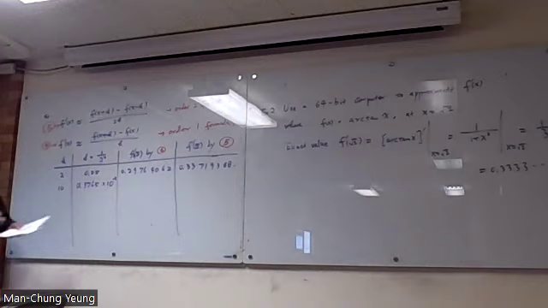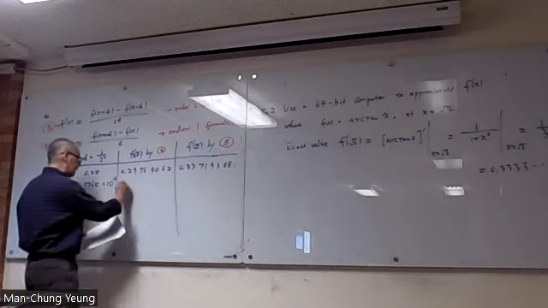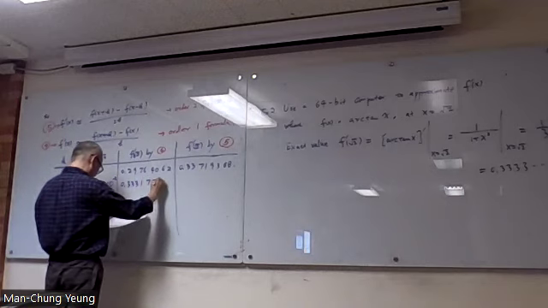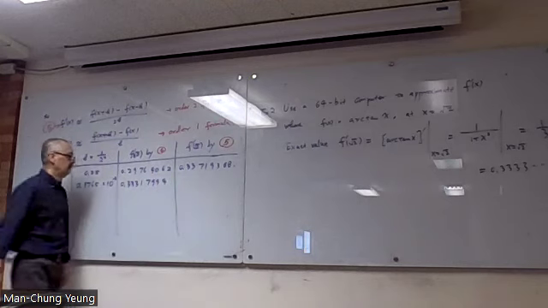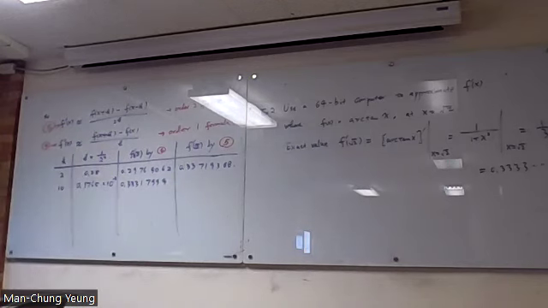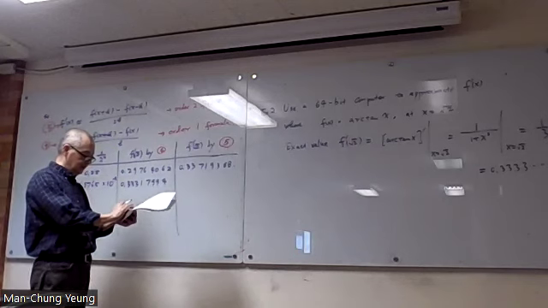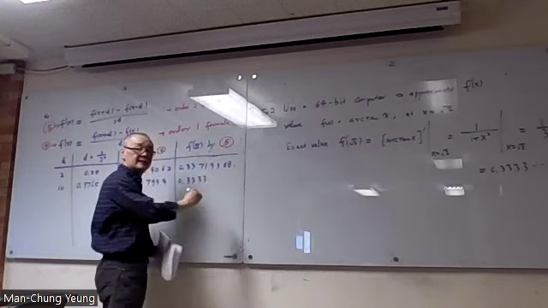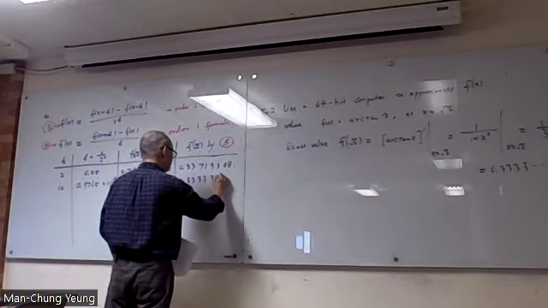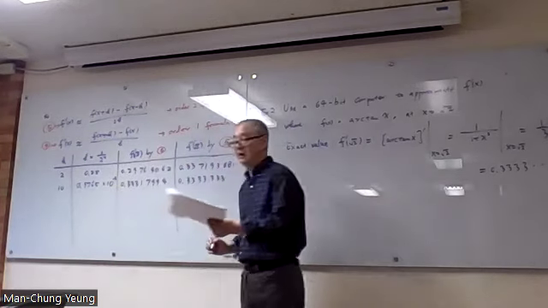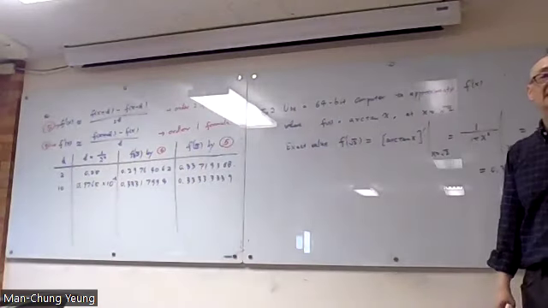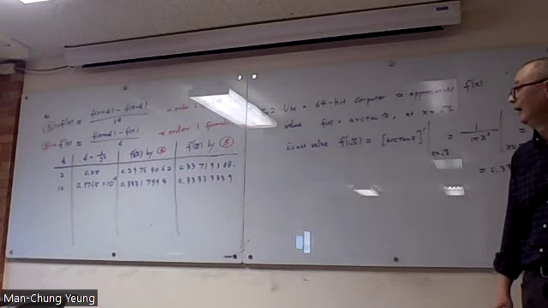With the order 1 formula, I get 0.3331. With the order 2 formula, 0.333 with 7 threes. Then now, the order 2 formula.